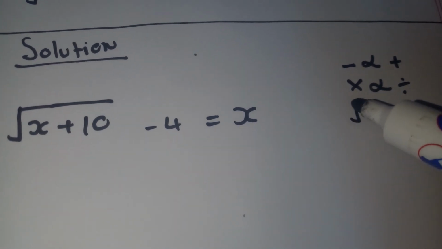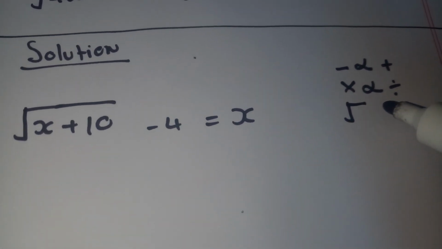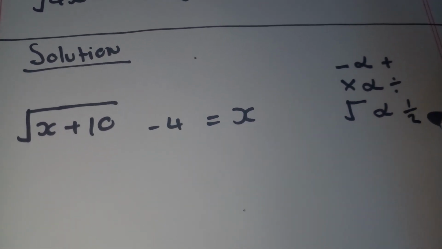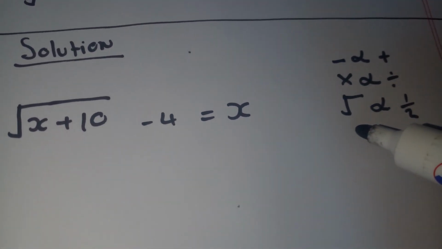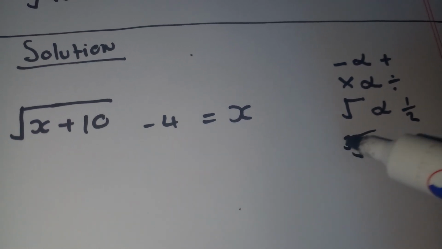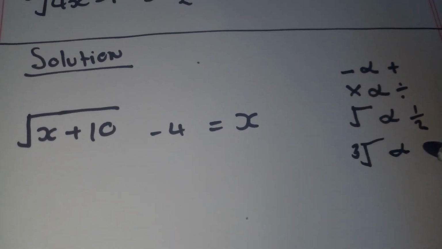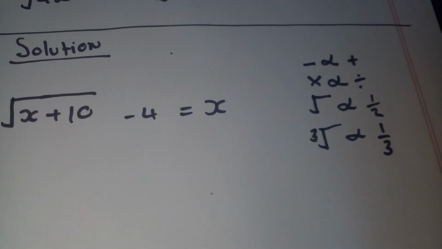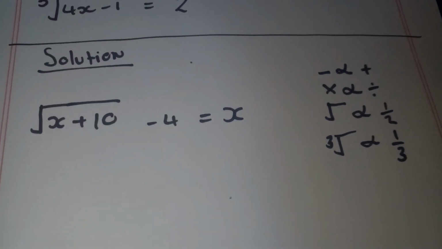So what is the inverse of a radical, or of a square root? It is 1 over 2, right? The inverse of this one has to be 1 over 3. Okay, so then let us try to solve them.